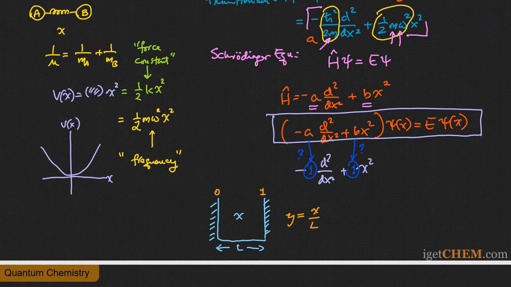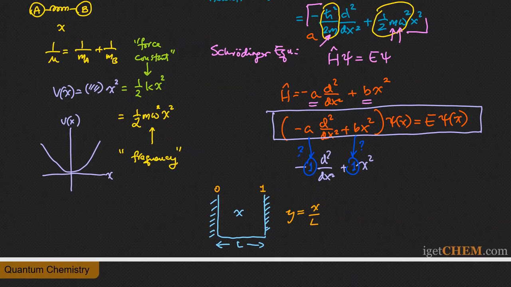Now, in this case, what we might actually do is to try to find the same kind of transformation by defining a new variable y equals x divided by some length L. But in this case, it's not so clear what is the correct length to choose. The reason is because we said that it would have been nice if we choose a length such that it would give me coefficients of both terms being equal to 1.